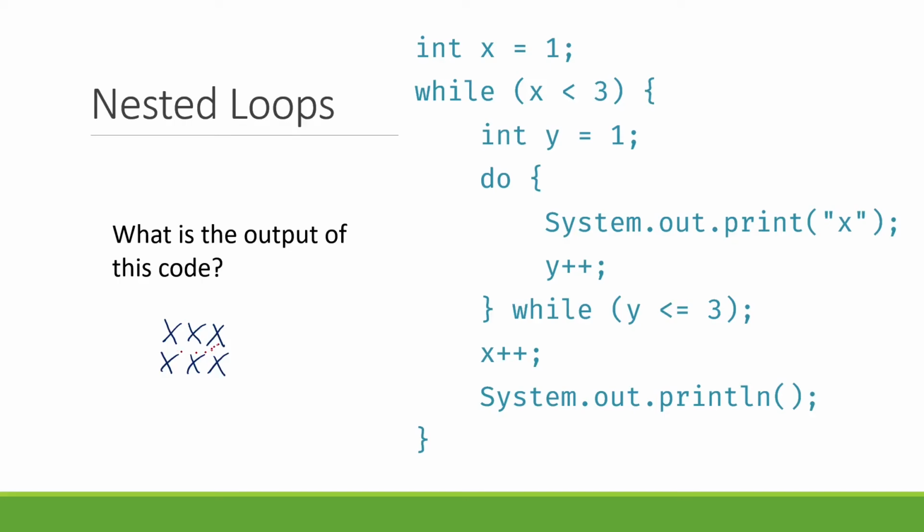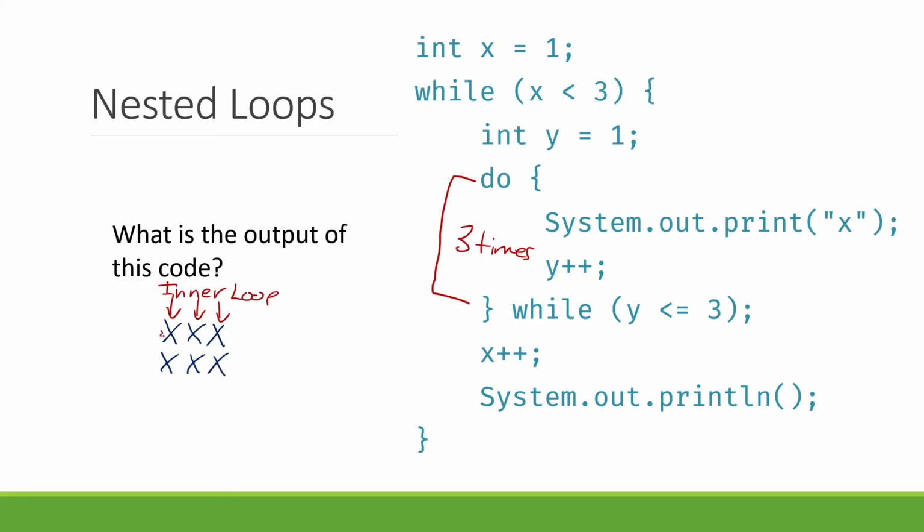So here I just copied over the output we got from this set of nested loops, 2 rows of 3 X's each. What's interesting to note is, as we mentioned earlier, this do loop, when we do the whole loop on its own, it executes 3 times. This corresponds to each X inside. So these X's, 1, 2, 3, those are the 3 times that's created by our inner loop.